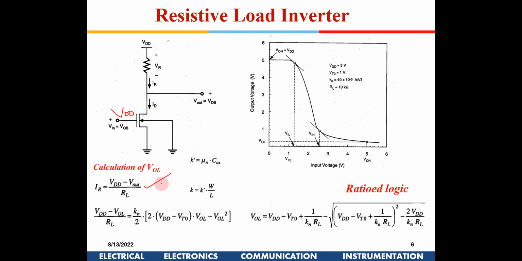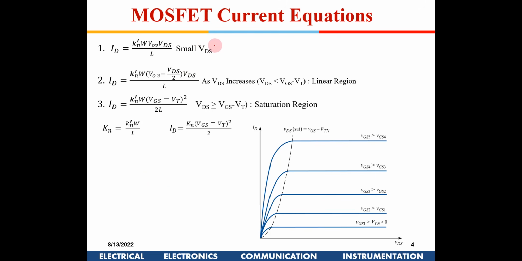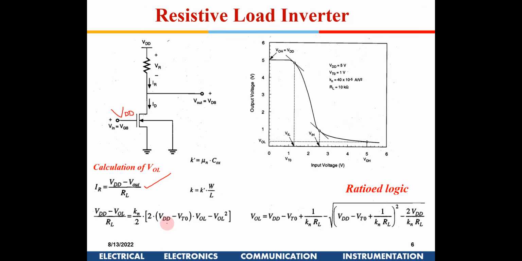So I could have used the other equation also, but I am using this equation, VOV minus VDS by 2 times VDS. This is what is given in your textbook. It will make a small difference, but nevertheless we are using this particular equation to find the current equation.